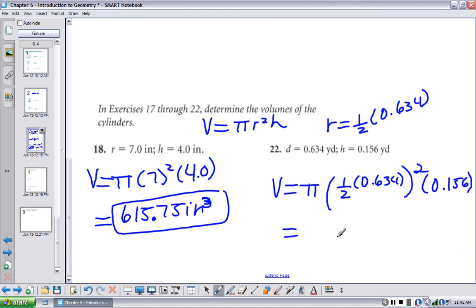Let's see what we get when we multiply that together. 0.634 divided by 2.